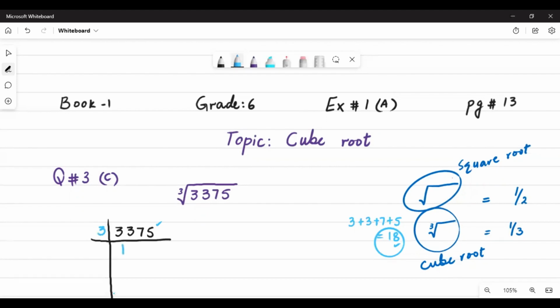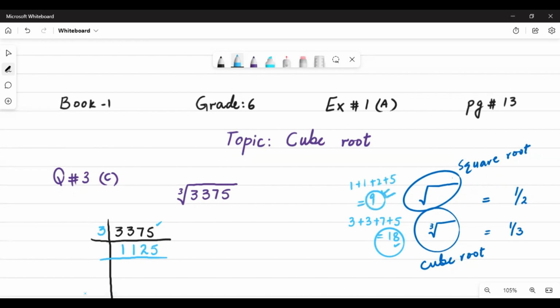3 ones are 3. 3 ones are 3. 3 twos are 6. And the next number will be 15. 3 fives are 15. Now again, let me check whether 1, 1, 2 and 5 are divisible by 3 or not. 5 plus 2 is 7, plus 1 is 8, plus 1 is 9.